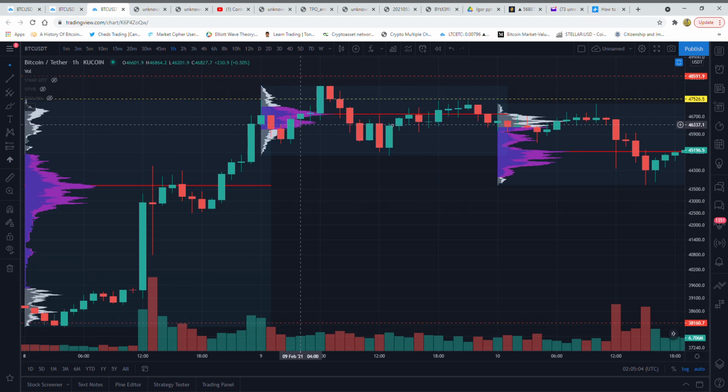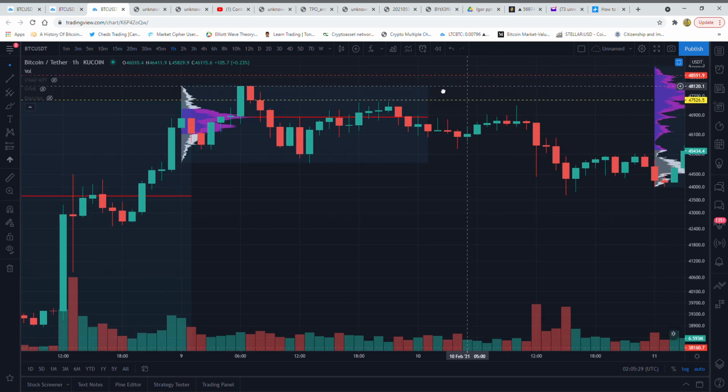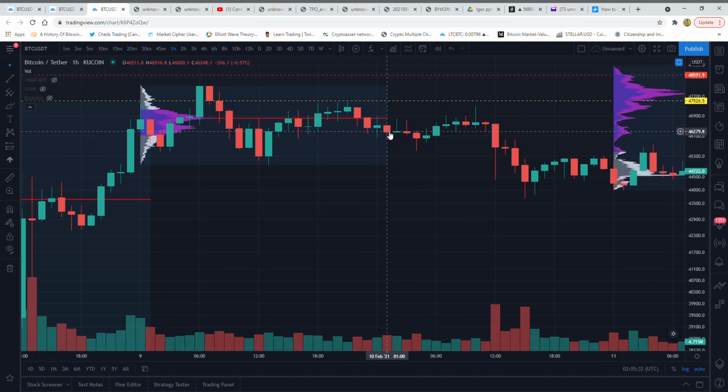If the price in the first 2, 3 hours gets acceptance below or in the middle, for me it's not worth it to enter into a long position. I am waiting for the shorts. So what you do, you just wait.